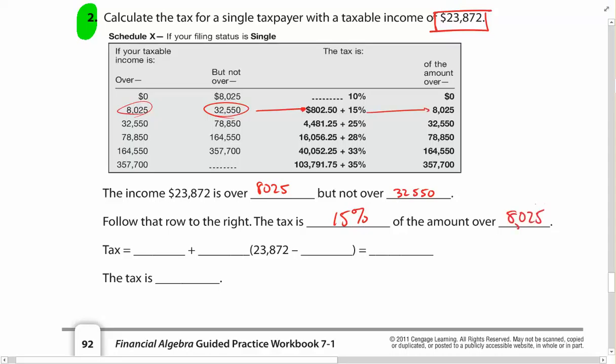So the calculation ends up looking like this. $802.50 is the minimum tax, plus 15% written as a decimal, times 23,872 minus $8,025, which comes out to be $3,179.55. Therefore, the tax that is owed is $3,179.55.